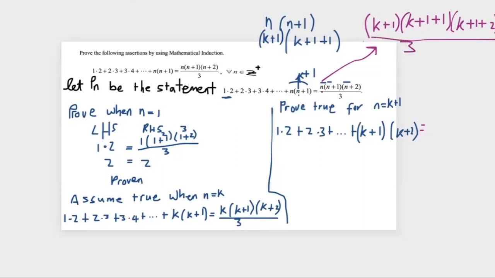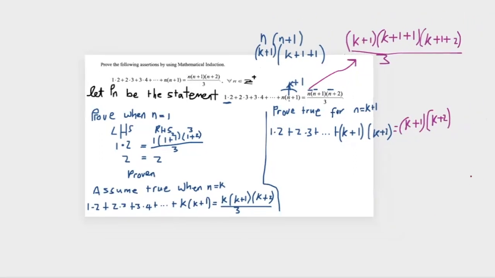So that means on this side, simplifying, I would have k plus 1, I will have here k plus 2, and then the final one will be k plus 3, and it will be all over 3. So that's what I'm trying to get on the left-hand side.